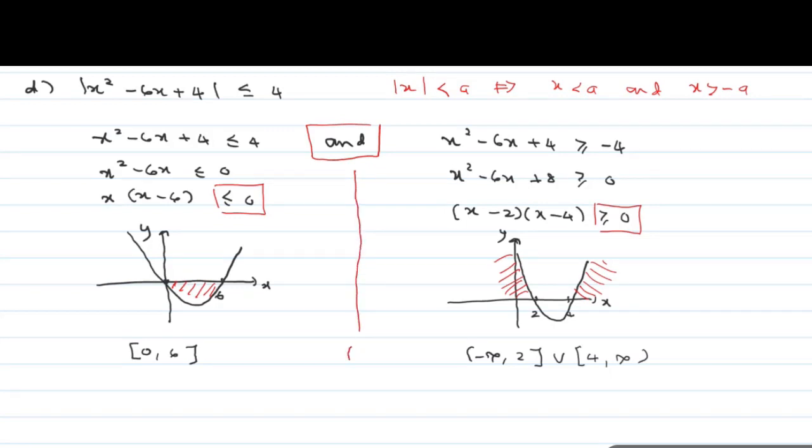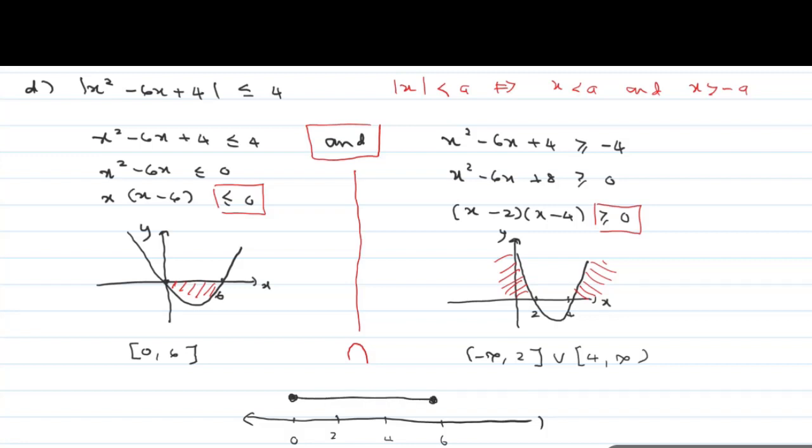And means we are going to find the intersection between these two intervals. To find the intersection, we need to use number line. So this is our number line. We have 2, 4, and 6. So for the first interval, we have from 0 to 6, closed interval.